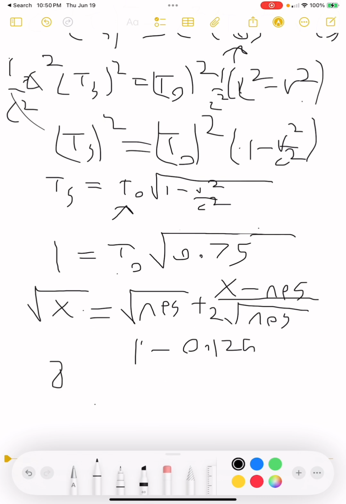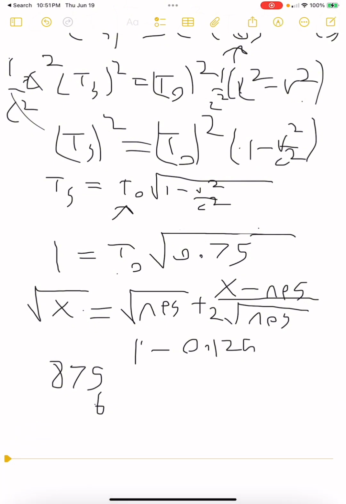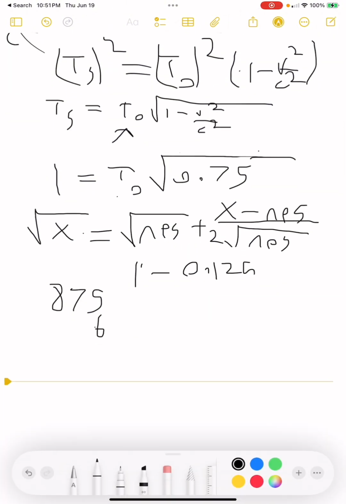It's painful, but we just gotta remember to divide it by 100.